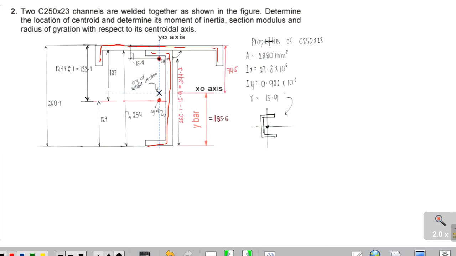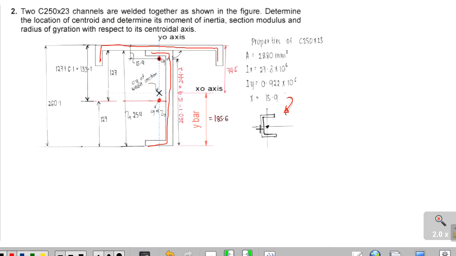The properties of C250 by 23 are given here. The area is 2880 mm squared, Ix is 27.8 times 10 raised to 6, Iy is 0.922 times 10 raised to 6, and x is 15.9. These given properties of the C channel are for the standing C section.